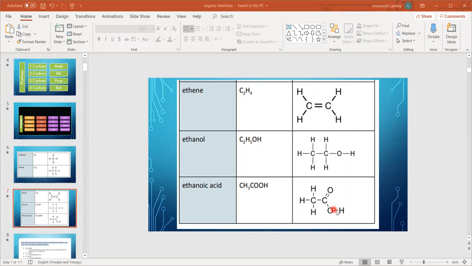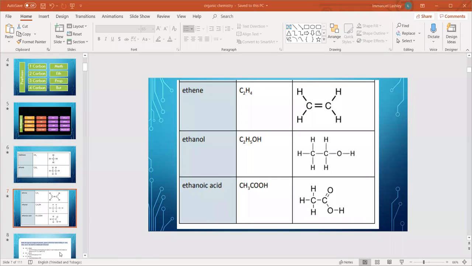This C double bond OH group here helps to identify the presence of ethanoic acid or a carboxylic acid. Now, we will get into that later when we reach the carboxylic acids. But for now, we just want to see how we can identify the molecular formula.